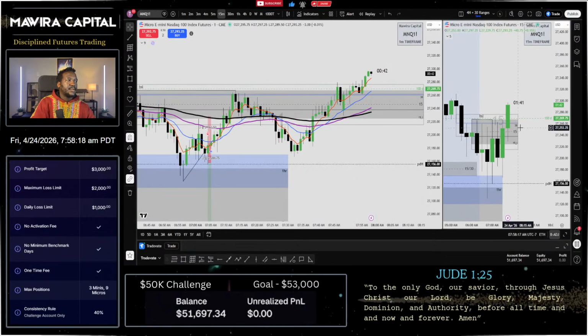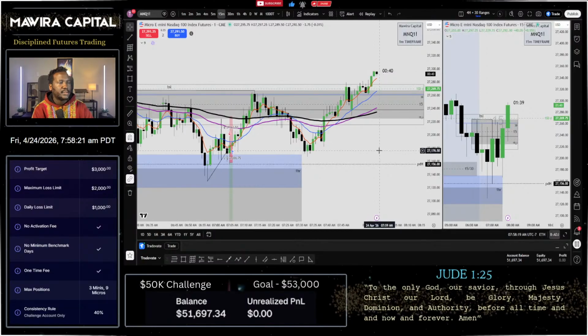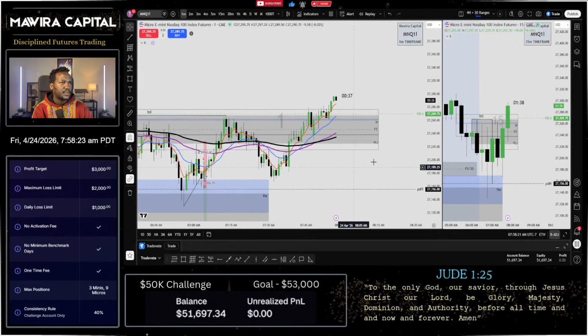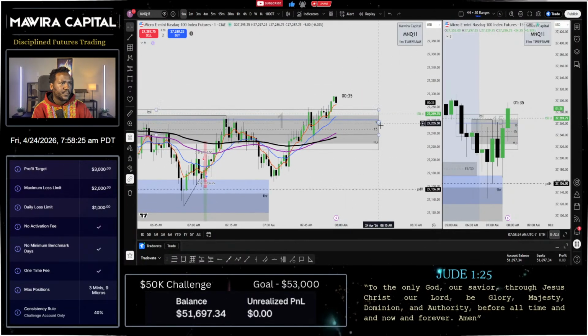Yeah, I think this zone is confirmed, so we can start looking for longs now. Wait a minute. 1 minute.